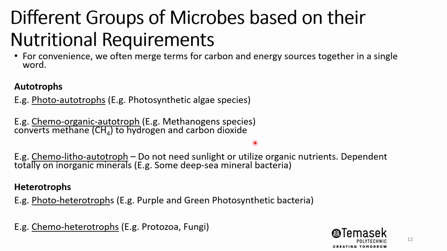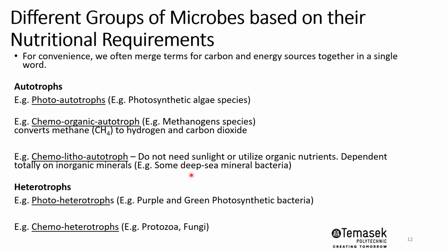So for carbon source, it's still carbon dioxide for them. So chemoorganoautotrophs are quite dependent on themselves. Once again, they are using organic compounds for energy and inorganic compounds such as carbon dioxide as their carbon source.